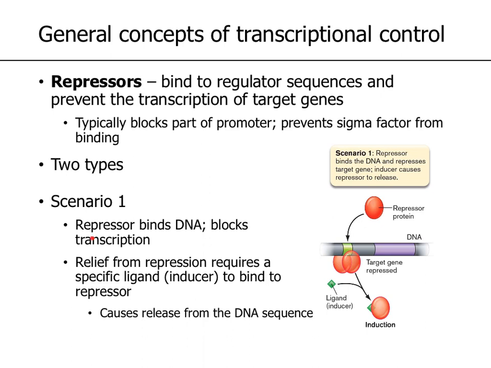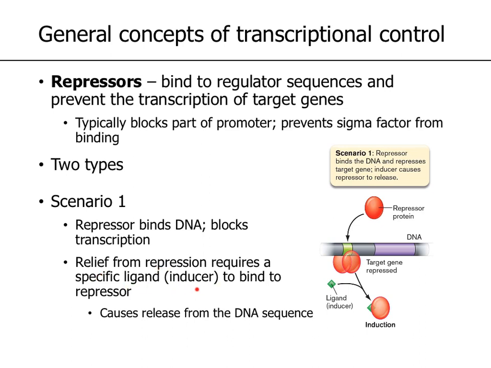In the first one, the repressor will bind the DNA and block transcription. So you have your repressor protein made from somewhere else in the chromosome. If that's made, it'll come here and bind this region and block transcription. In order to turn the transcription back on, this one requires an inducer molecule.